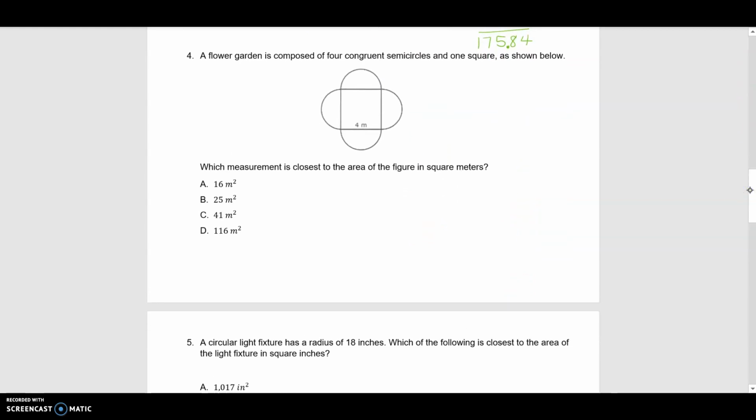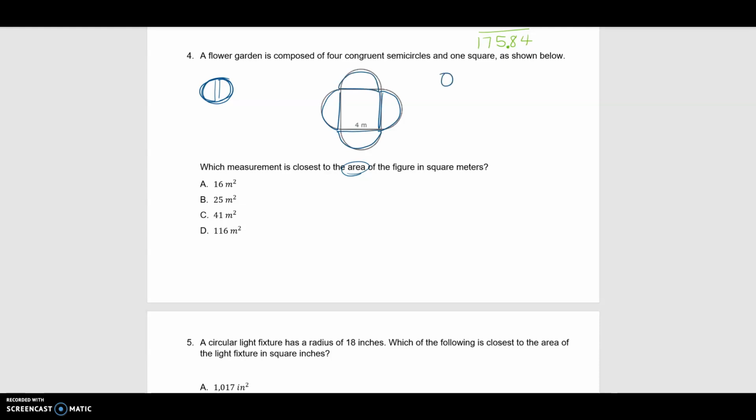Alright, so this next one says a flower garden is composed of 4 congruent semicircles and 1 square. What is the closest to the area? Okay, so if I have a semicircle here and a semicircle here, that makes 1 big circle, right? So these 2 make 1 circle, and these 2 make a circle.